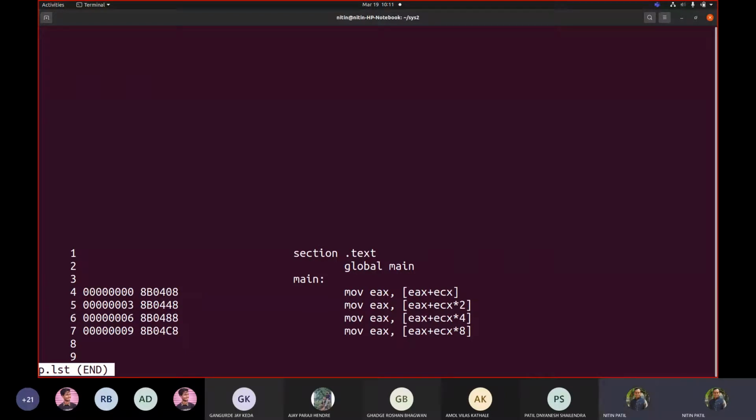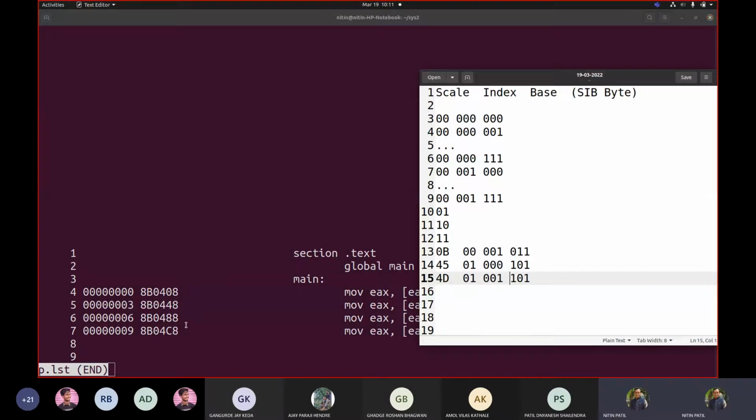At least we could conclude that whenever we are working with SIB, SIB would be taking a scaling factor. And the 08 for the scale factor: what I used earlier, this 00 was for scale 1, this 01 was for scale 2, this was for scale by 4, and this was for scale with 8. Fine.